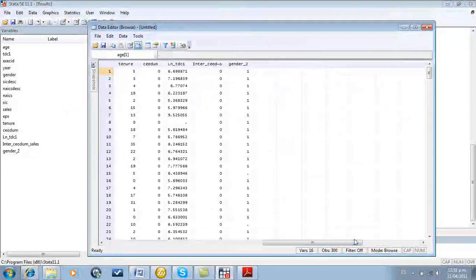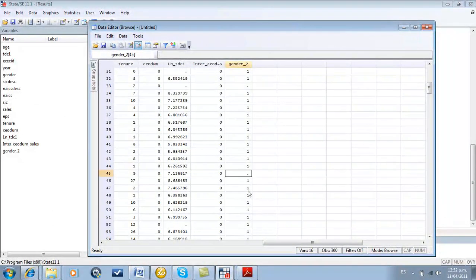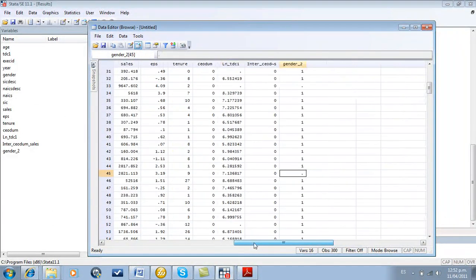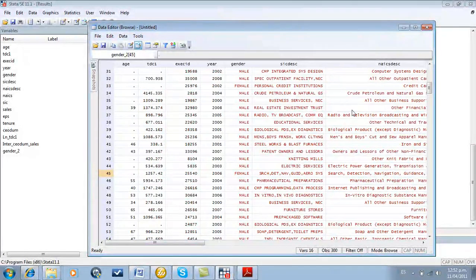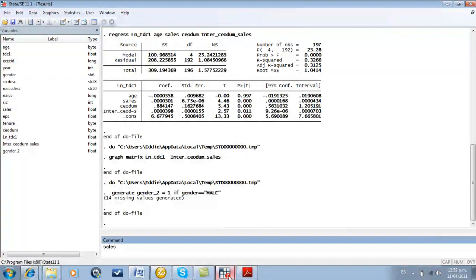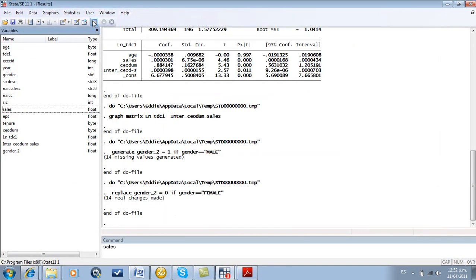Now we have here gender, but we have nothing here because for females we haven't done the second command. Then we run our second do file, our second command, replace. Now we get it correctly.